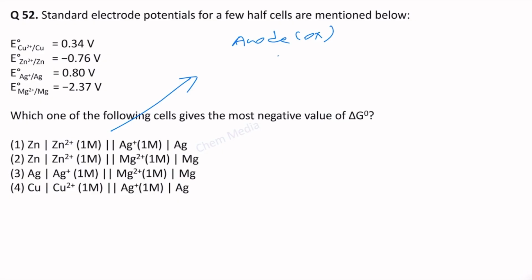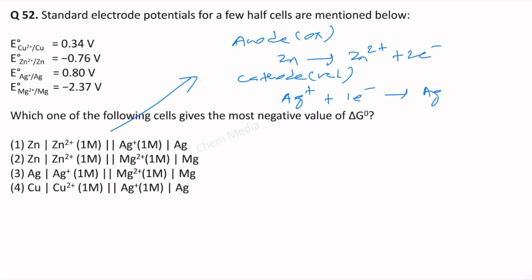So zinc loses 2 electrons and becomes zinc 2+. At the cathode, reduction happens. So Ag+ gains an electron and becomes Ag. But to balance the reaction, we have to multiply this entire equation by 2, isn't it?